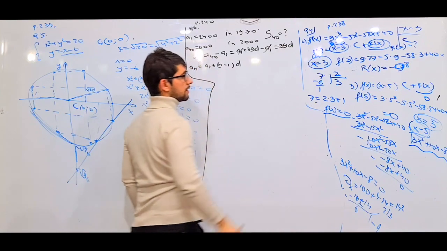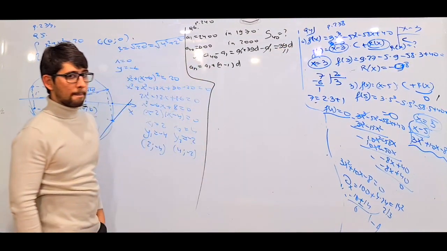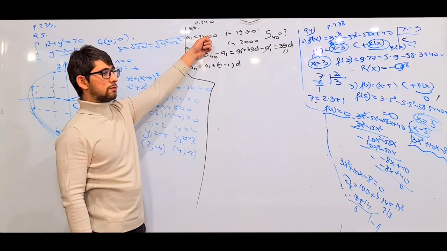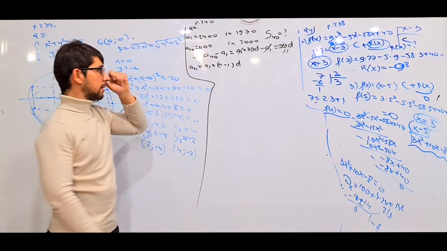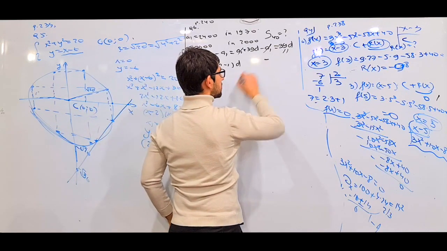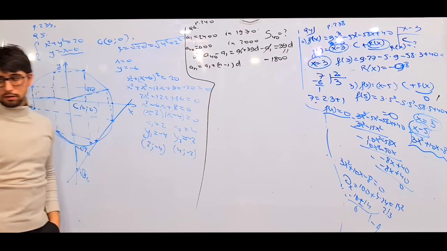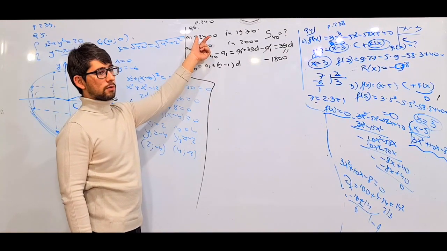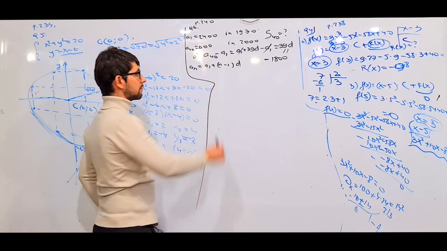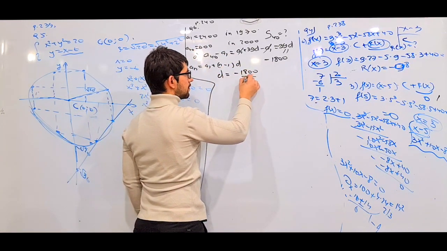You have to find 39D, and it's equal to 600 minus 2400. It will be minus 1800. Did you get it? So the difference equals minus 1800 over 39.